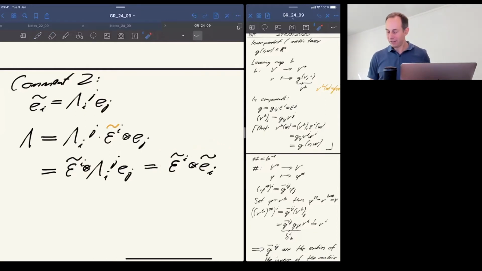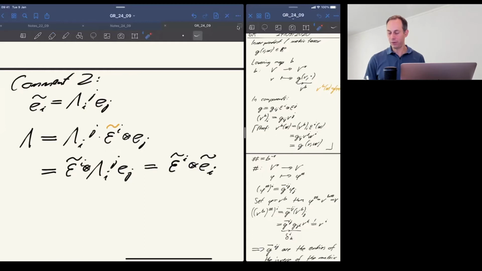If you let it act, for example, on a basis vector E tilde K, then this thing only takes the element K, and this will again produce an epsilon K. So it produces whatever you put as input, or it depends on whether you interpret it as a map from V to V or V star to V star. You can do both.